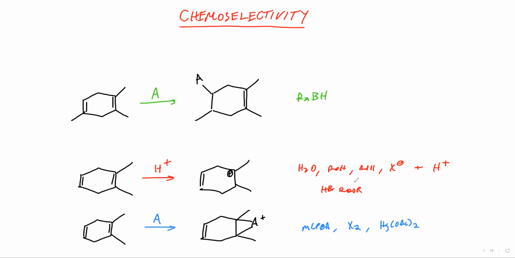And the reason for that is because, remember, even though we're going on a less substituted carbon, I think maybe it'll make more sense if I do this. Let's use this guy here for chemoselectivity. We're forming a radical on the more substituted carbon. Even though the bromine is going here, it's forming a radical on the more substituted carbon. So chemoselectively, it's still reacting with that more substituted carbon. Really, only boron is the one that reacts at the less substituted. That's the only one. Everything else reacts with the more substituted.